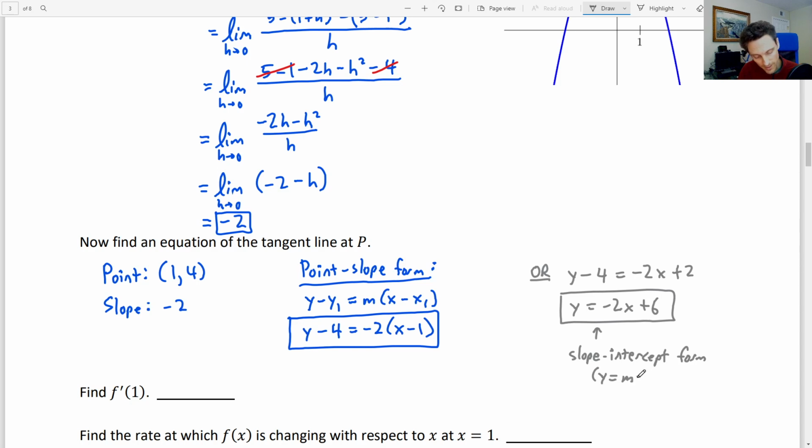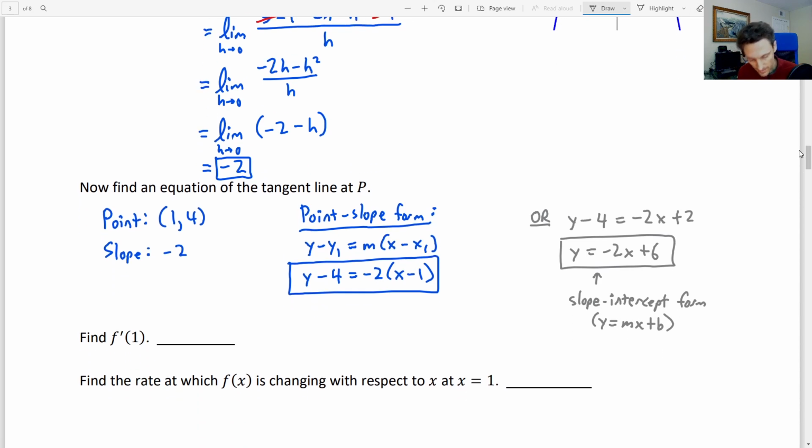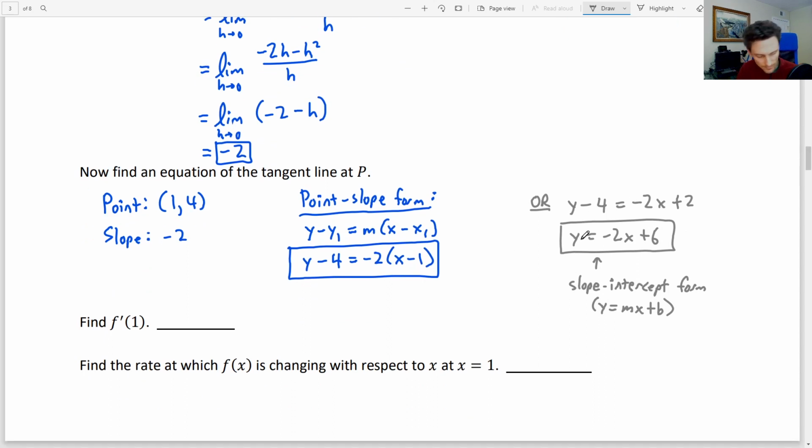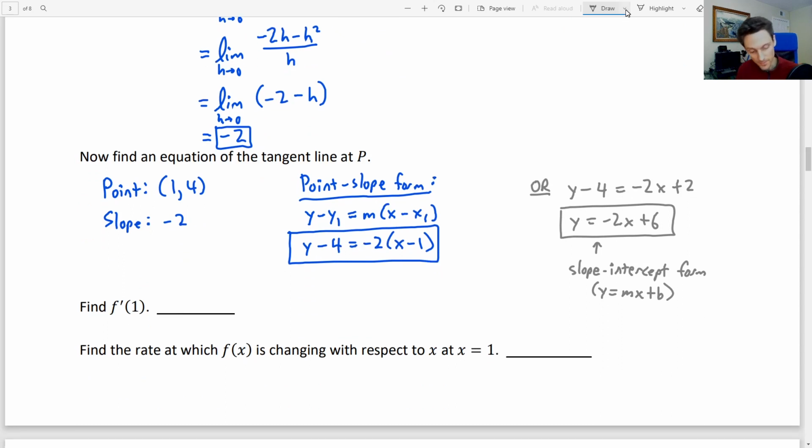Remember, it looks like y equals mx plus b, something like that. I'll write that a little bit better. Okay, but either one is fine for our purposes here. Sometimes it's nice to write it as a function, but other times we don't really care and we just leave it in point slope form. All right, so that's the equation. We have to have that equal sign. That's part of the equation.